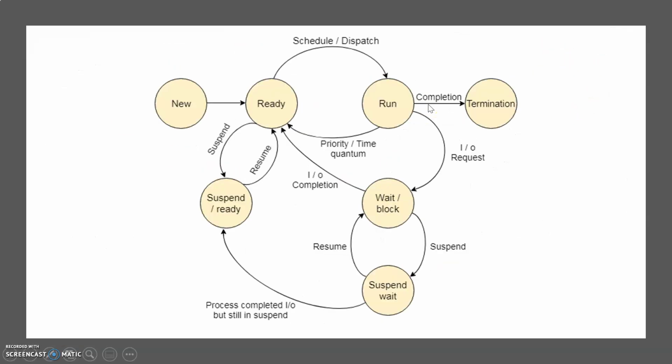Next, a little more detailed version of the various states in the process state diagram. This is actually the state diagram. Again, there is a new state, from which it goes to the ready state. Then the scheduler takes the process and gives it to the running state. If there is an IO request, it will go to the wait state.